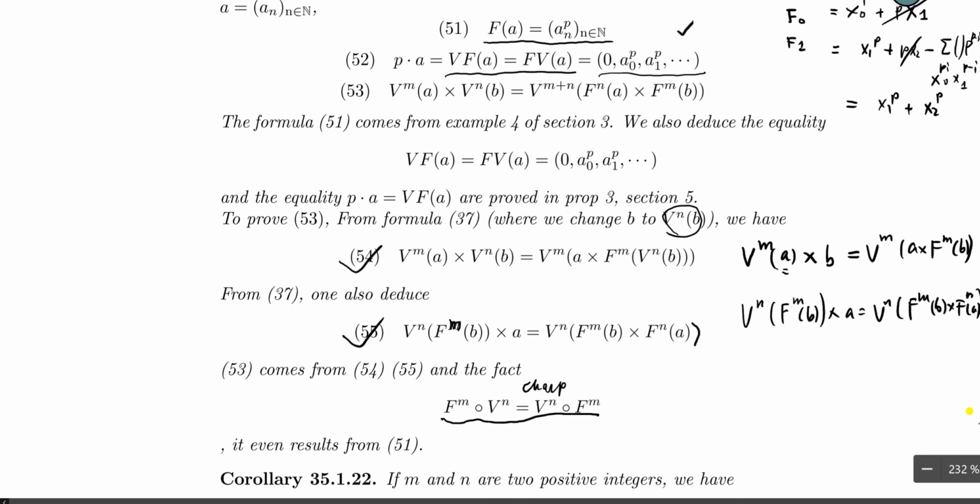They do not commute in general, but they commute if it's characteristic p. And combining these two with this fact, we saw that we got this here, where we are acting on Frobenius.